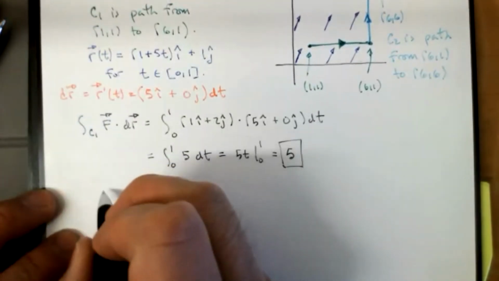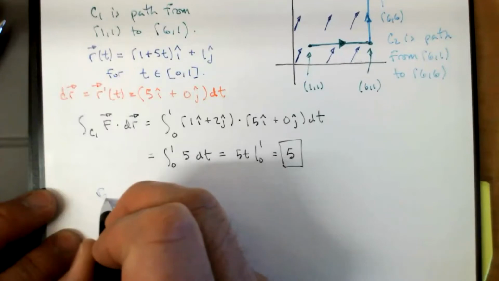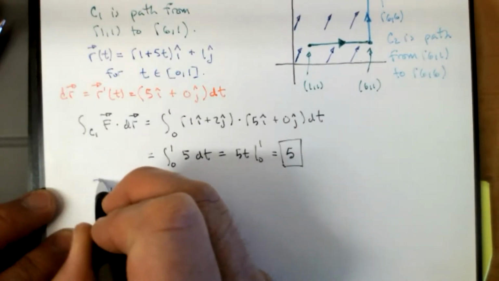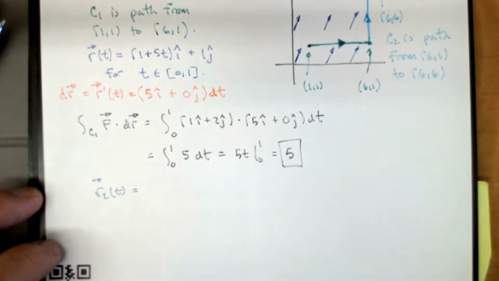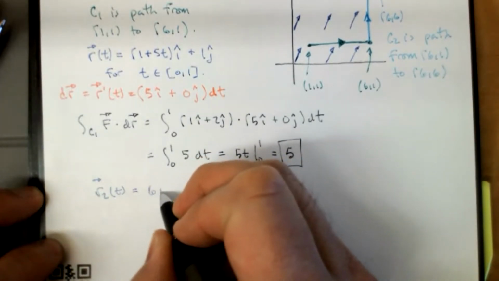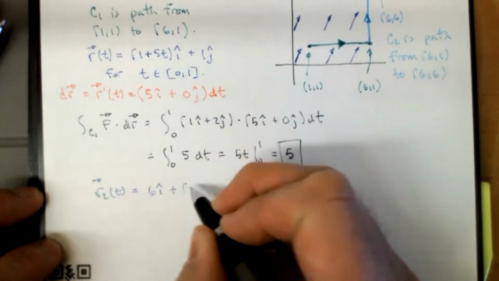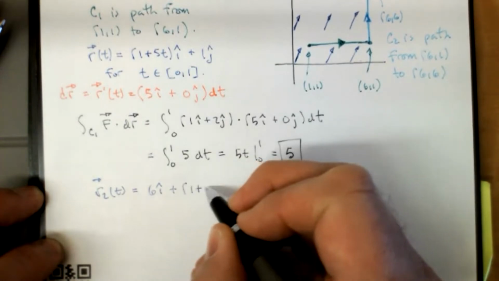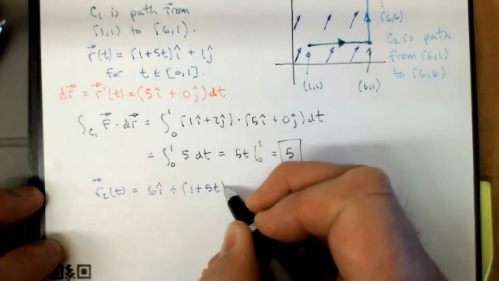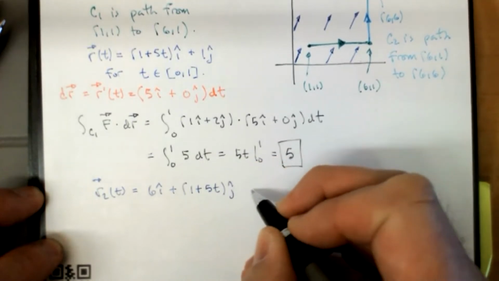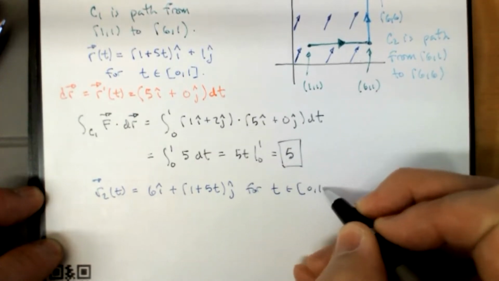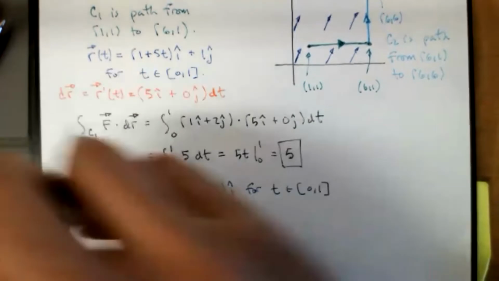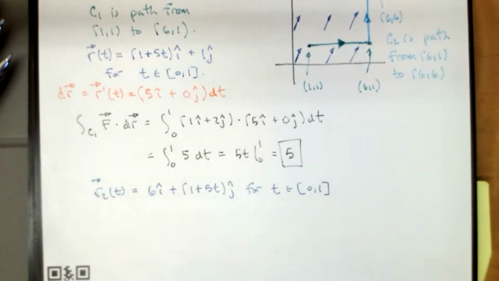So let's define another r of t. In this case, the x coordinate is a constant 6, and the y coordinate starts off at 1 and increases by 5 in 1 unit. And I just parameterize this from 0 to 1, just like before.